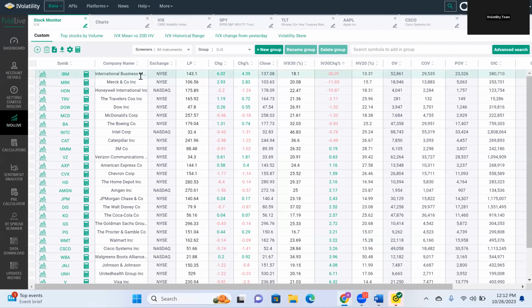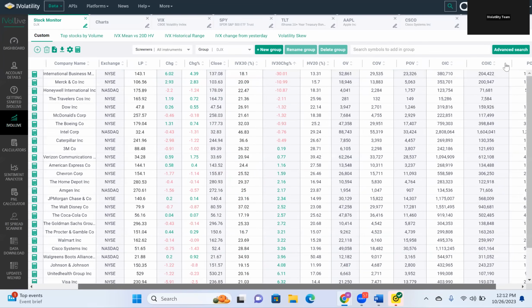And we could see IBM probably just reported earnings or something when you see that big of a drop in implied volatility, which means that options premiums are also deflating as well. So you can toggle between these. HV stands for historical volatility. OV stands for options volume: call options volume, put option volume, options open interest. Pull our little scroll bar here: call option open interest and put option open interest.